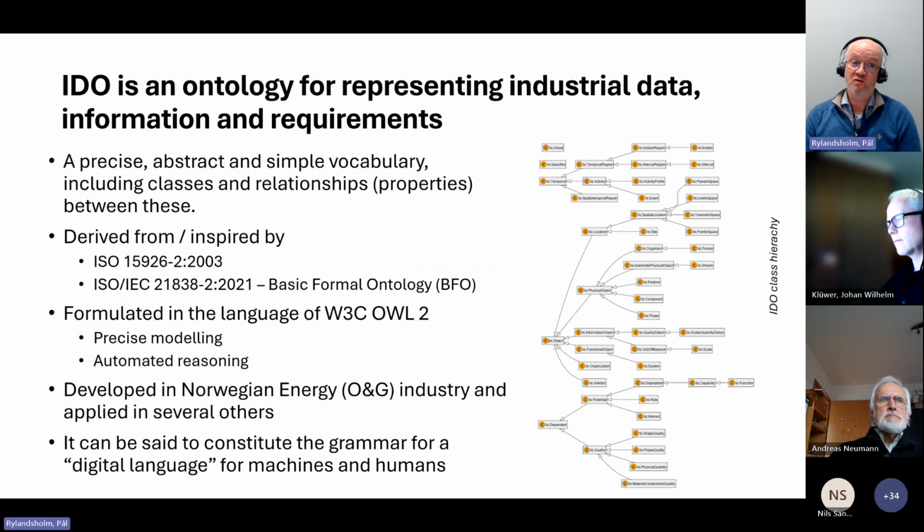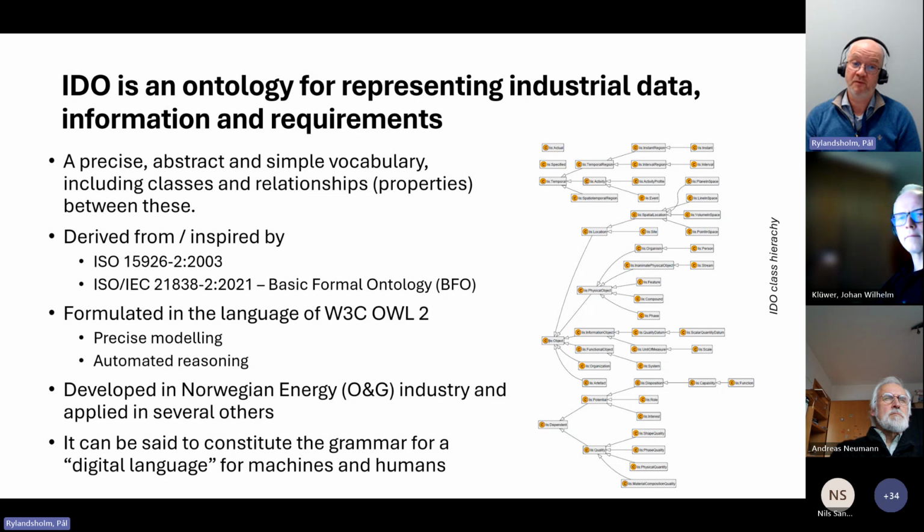It's not invented from scratch. It has been mainly derived from and inspired by ISO 15926 Part 2 and also BFO, the Basic Formal Ontology, which has been standardized through the ISO/IEC 21838 Part 2 standard, which came out in 2021. It's formulated in the OWL 2 language from W3C, which enables very precise modeling and also, an important feature, automated reasoning.